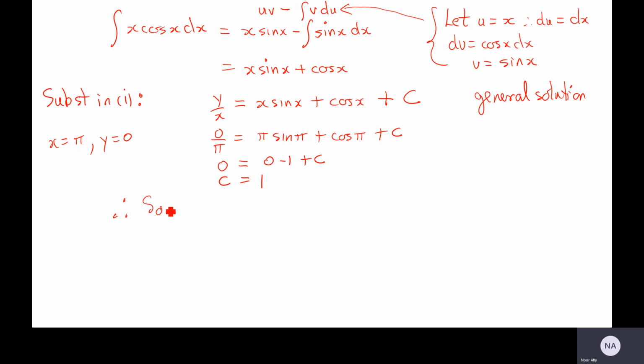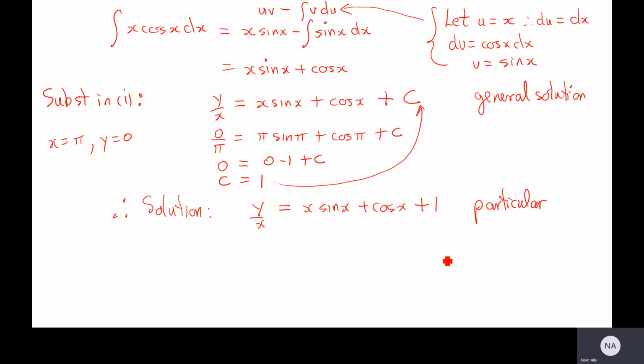Therefore, my solution to the differential equation is y over x equal to x sine of x plus cos of x, and substitute 1 into c, plus 1. There is my particular solution that completes the problem.